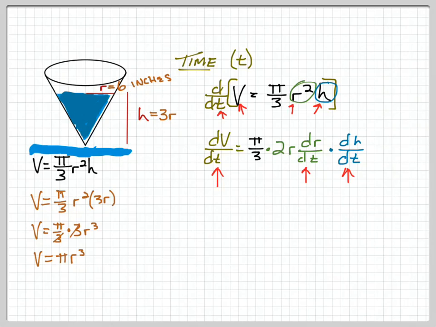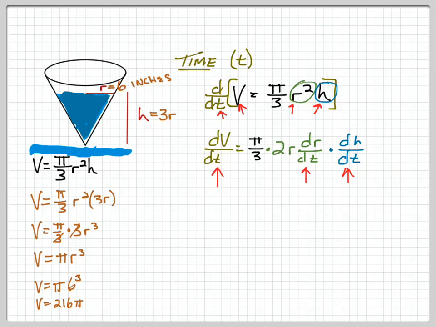Now we said r is 6 inches, so we plug in our 6 and we get pi times 6 cubed, which is 216 pi. Alright, so that's easy. That's how much water we have in the cone at that specific moment.